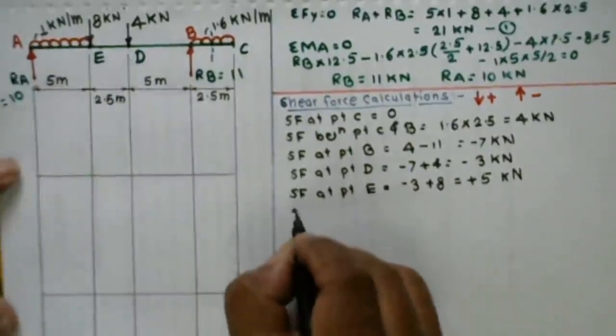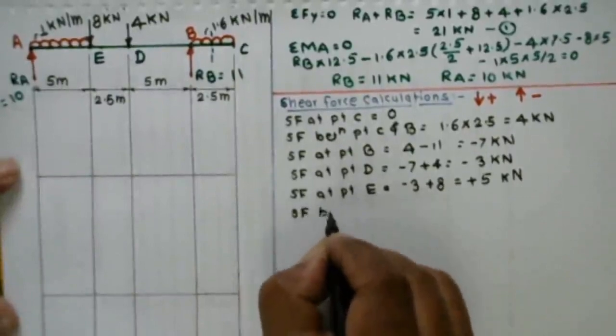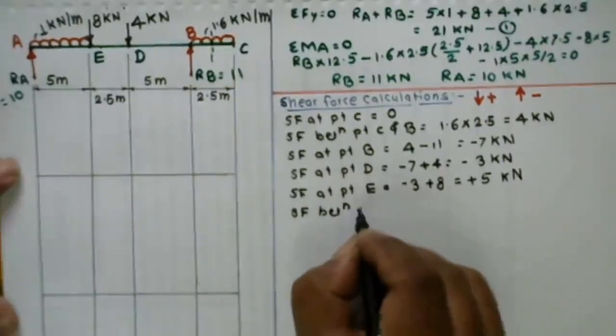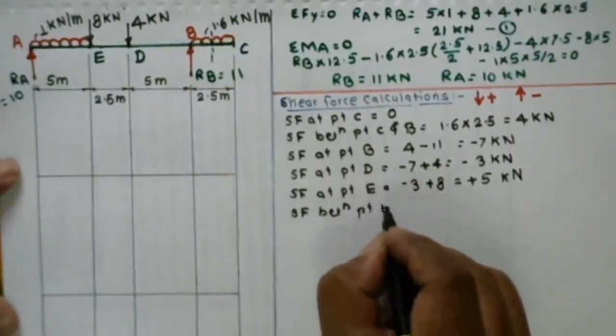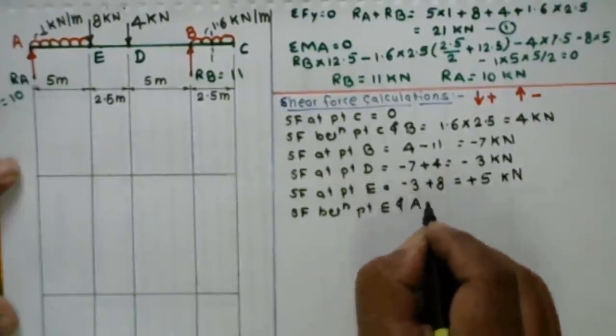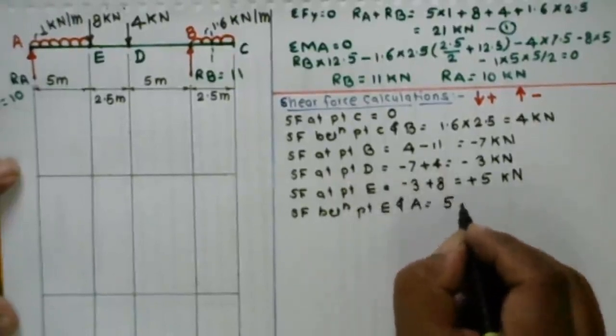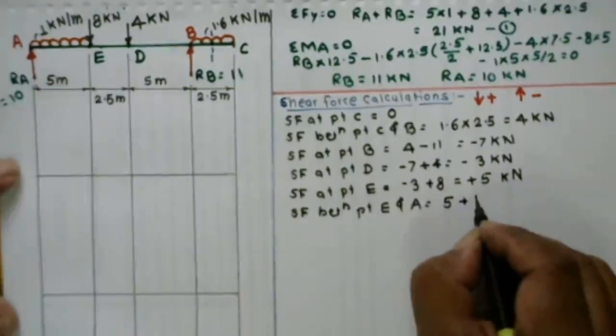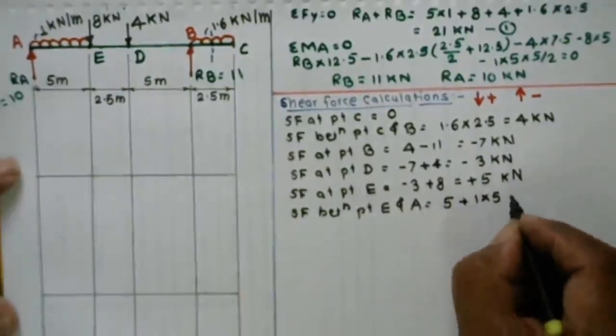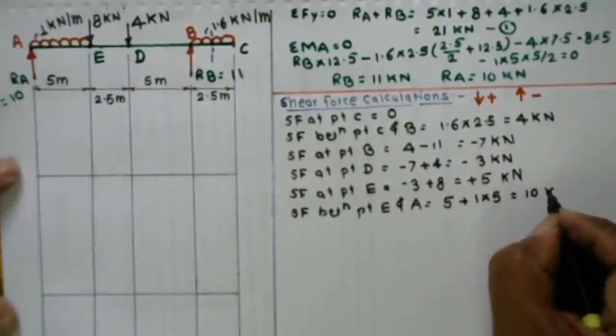kilonewton. Between the points E and A, a UDL is acting, so again we write the shear force between the points E and A is equal to 5. The UDL rate is 1, its span is 5, so this becomes 10 kilonewton.